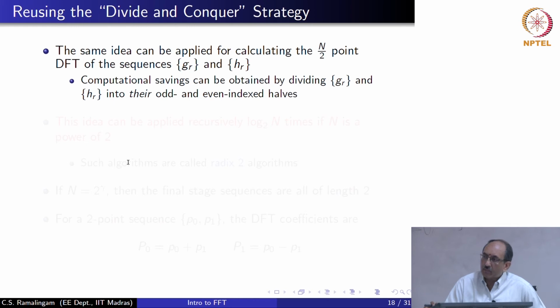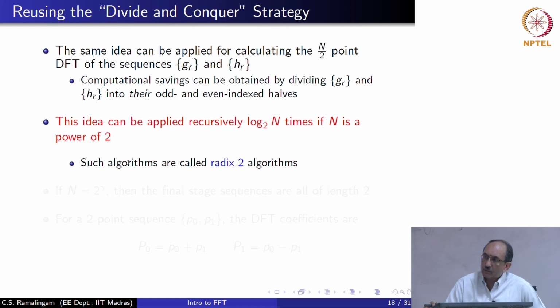So, the same idea can be applied to the subsequences G and H, further dividing them into their own odd and even indices, alright. And this can be applied log n to the base 2 times when n is a power of 2, and this is called the radix 2 algorithm, alright. So, if n equals 2 power gamma, the final stage sequences are all of length 2.